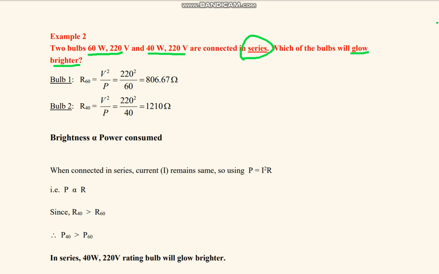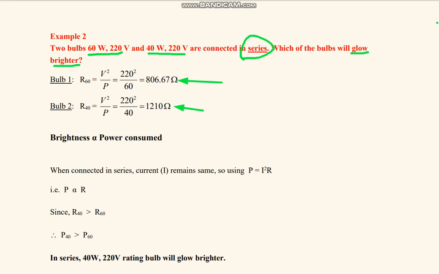To start with, in such kinds of questions, you need to find the resistance of each bulb as we did in the previous question. So using the formula R is equal to V square by P, we find that the resistance of the first bulb, that is the 60 watt bulb, comes out to be 806.67 ohm, and the resistance of the second bulb, that is the 40 watt bulb, comes out to be 1210 ohm.